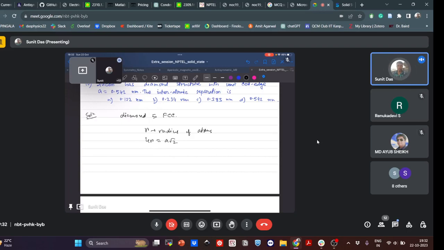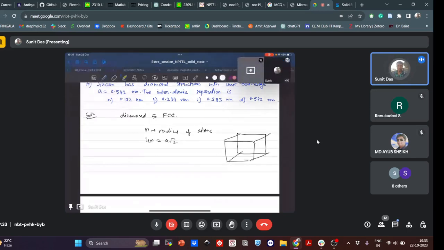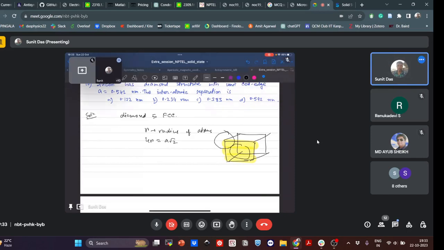So if I draw this, okay, so let's focus on this face. So the front face, then in the face centered cubic, the atoms are like that.